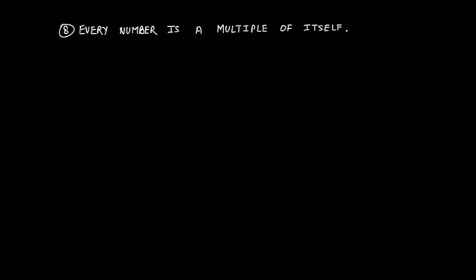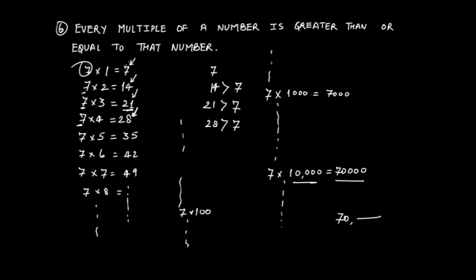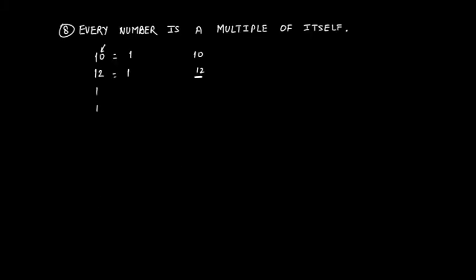The next point is every number is a multiple of itself. Similar to the case of factors, we saw in the case of 10, and then 12, that 10 would always be a factor of 10, and 12 would always be a factor of 12. So similarly in the case of multiples, you could see here that 7 is a multiple of 7. Similarly you can write for 8. If you write 8 times 1, you would get 8.